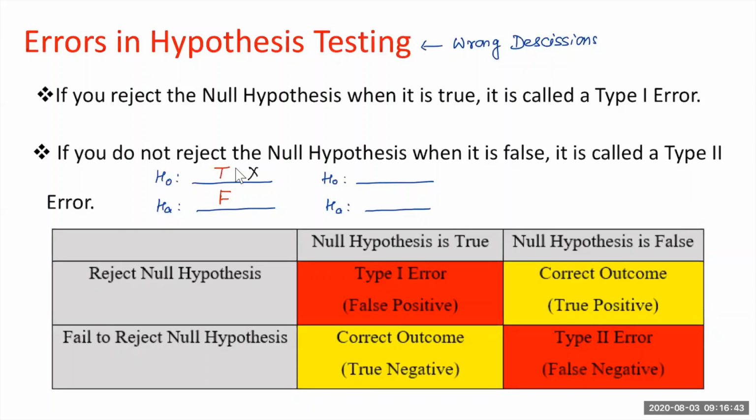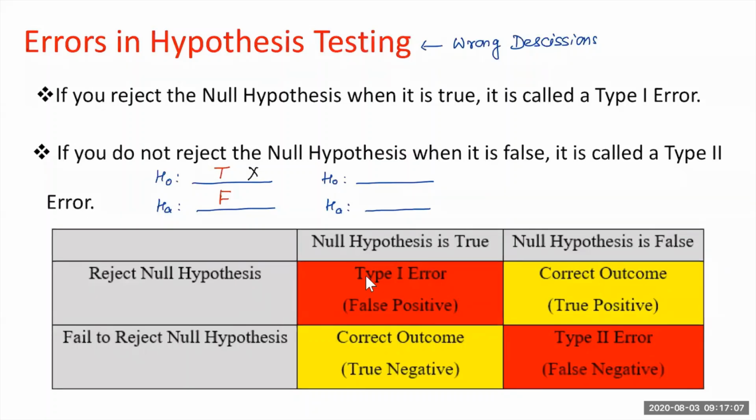That means you make a mistake. That error is called the type 1 error. Always remember, type 1 error is the error that occurs when the null hypothesis is true and we reject the null hypothesis.